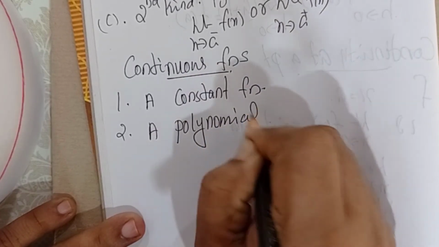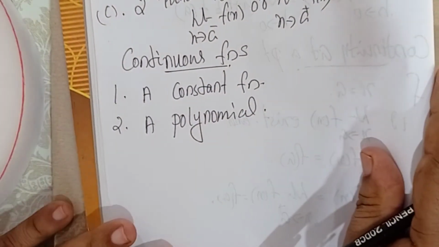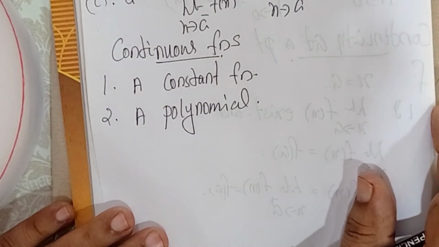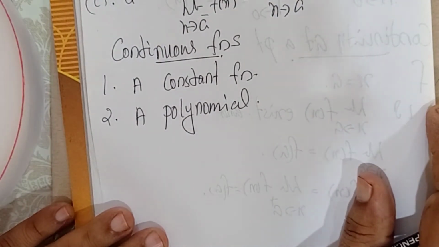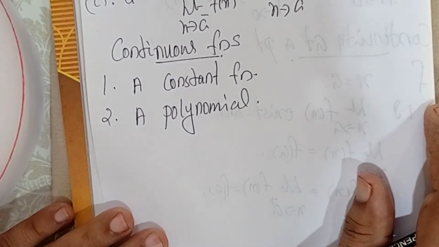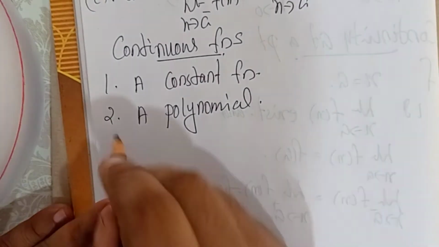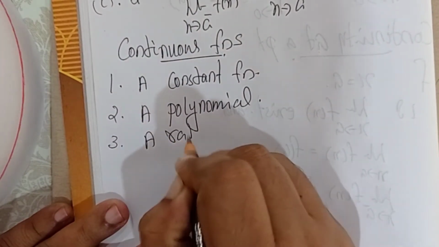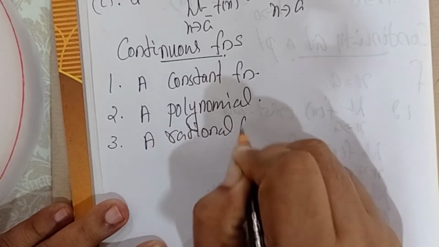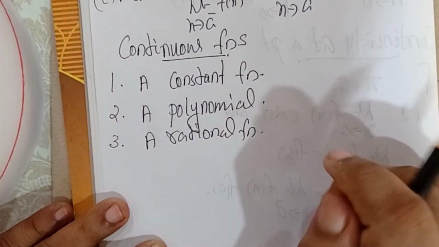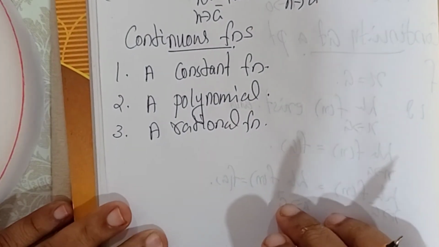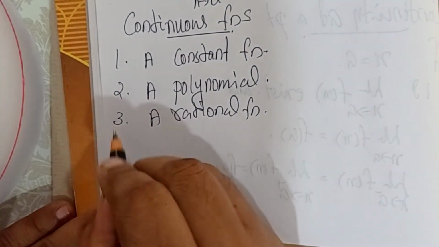A polynomial function is everywhere continuous, for example x cube plus 3x square plus 5x plus 7. Then the third one is a rational function. A rational function is continuous in its domain.